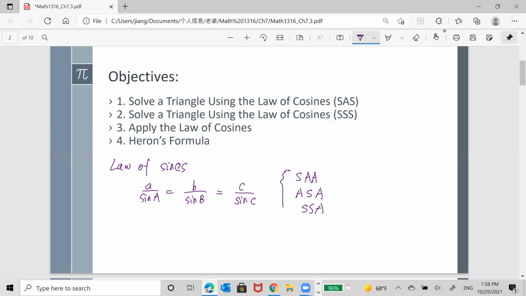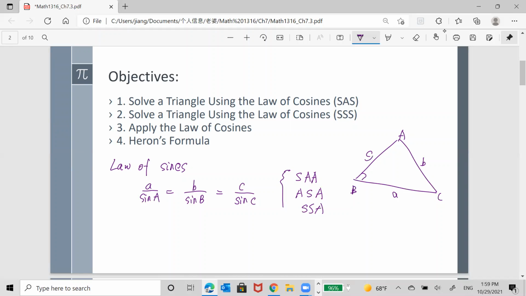How about the law of cosines? For the case SAS, suppose I have a triangle ABC. SAS means side, angle, side.